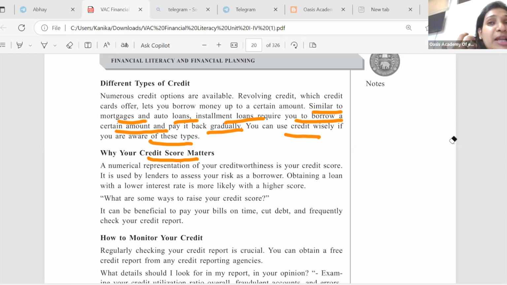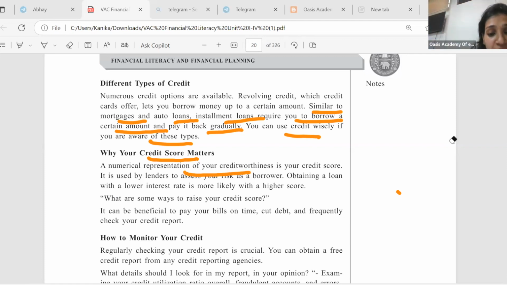Do you make payments on time? Suppose you say I'll make the payment after 2 months, do you make the payment after 2 months, or do you delay even after 2 months? Depending upon your payments and your transactions, a score is assigned to you. So the higher the score, the better your creditworthiness, and the lower the score, the lower your creditworthiness.